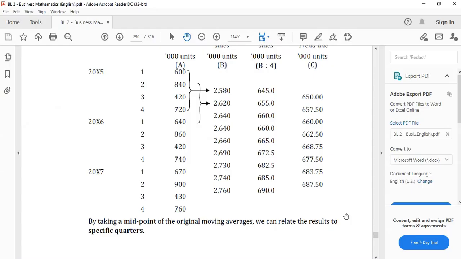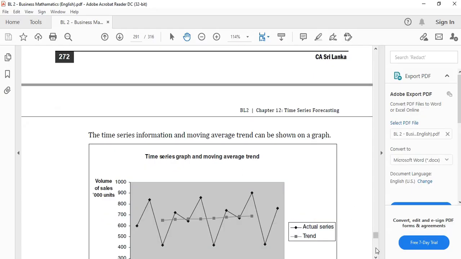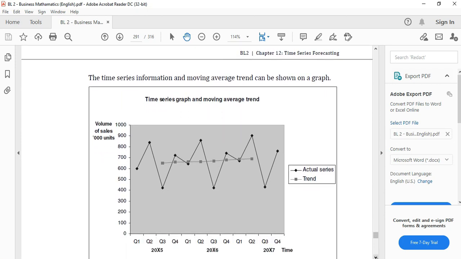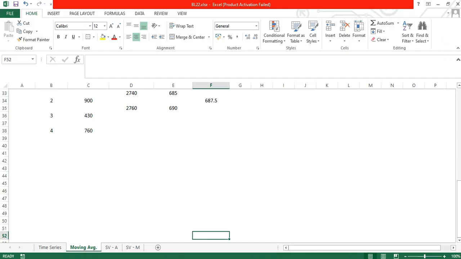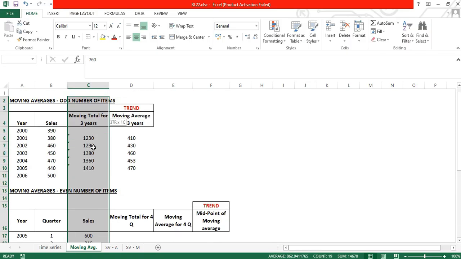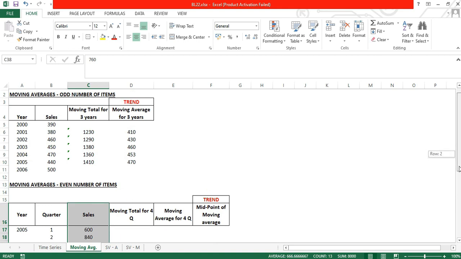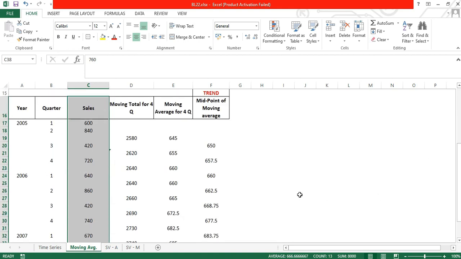So in the book they've mentioned how to draw this. As you could see in this graph, you are not required to draw this in the exam, but you are required to understand how to read it. They have drawn the actual data points here based on the actual column, the sales.